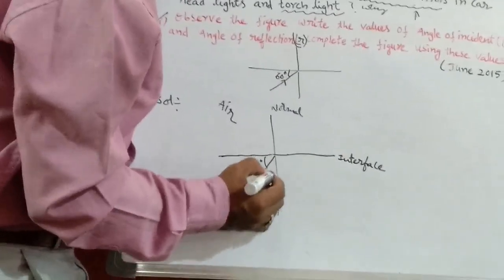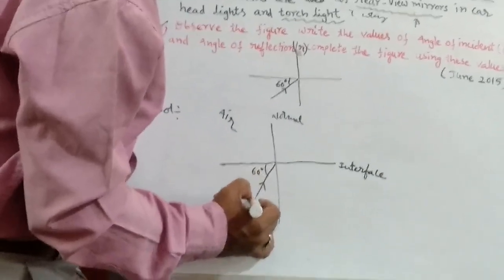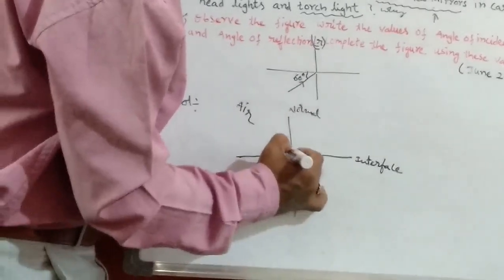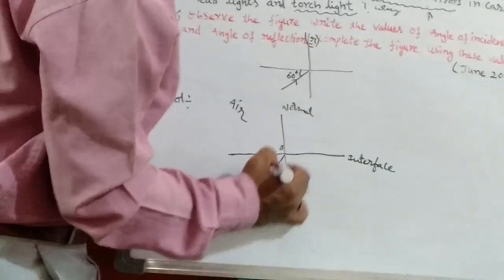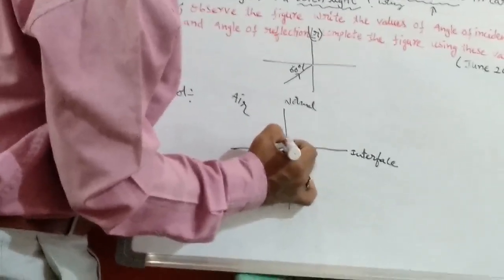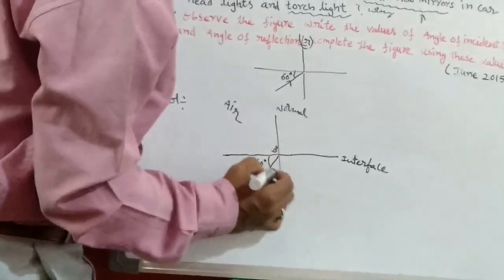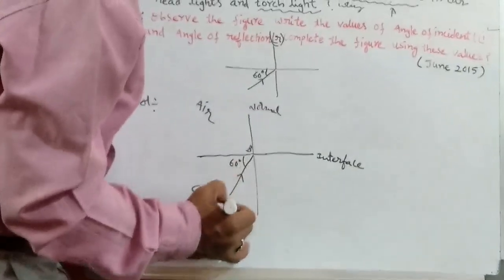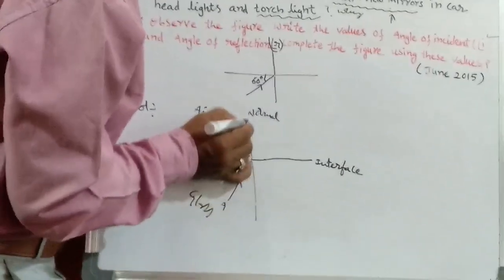Now suppose this is A and this is B, the incident point. AB is the incident ray, B is the incident point. The angle between the incident ray and the normal line is the angle of incidence.